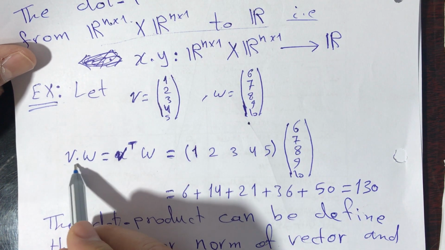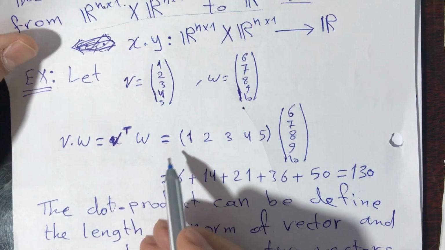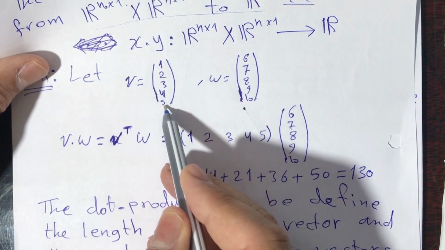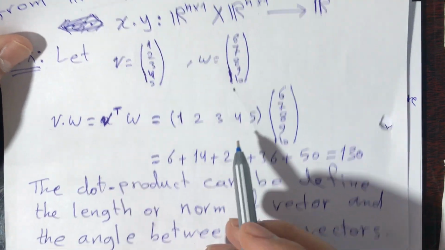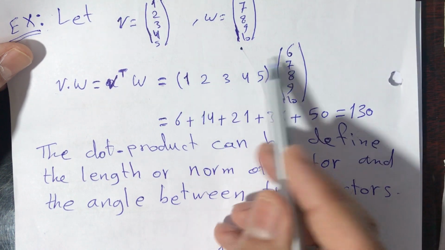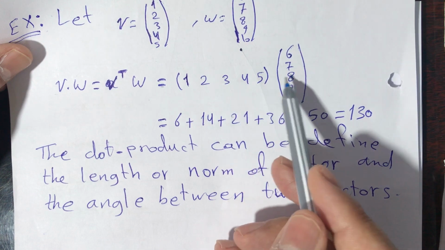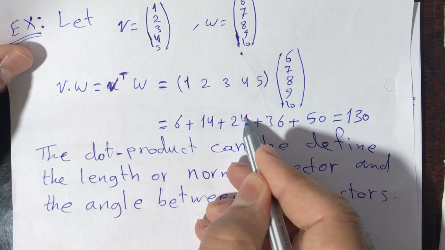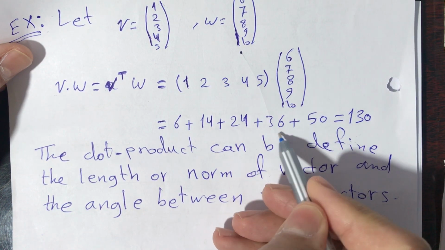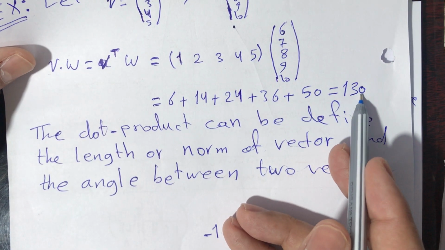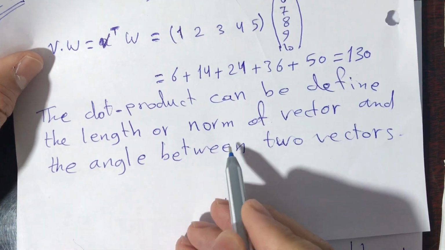By the definition of the dot product, V · W equals V transpose W. So V transpose will be a row 1 2 3 4 5 and W is the column, and this is the definition of the product of matrices. We multiply and sum: 6 plus 14 plus 24 plus 36 plus 50, which equals 130.